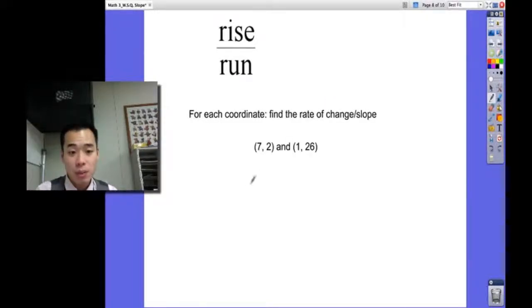The second easiest way without a slope triangle is if they give you 2 points or 3 points, just stack them on top of each other. So for example, I got 7, 2. I know that this is x and this is y. I'm going to match it up with 1, 26, just stack them on top of each other, and then find the difference, the change in y over the change in x. So from 2 to 26, that's a positive 24.